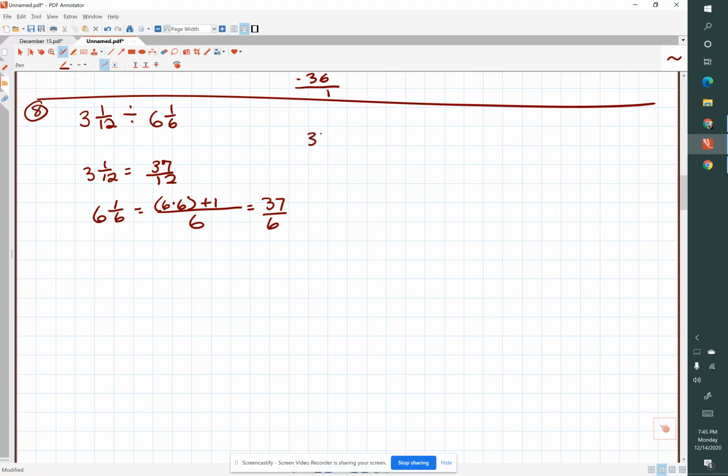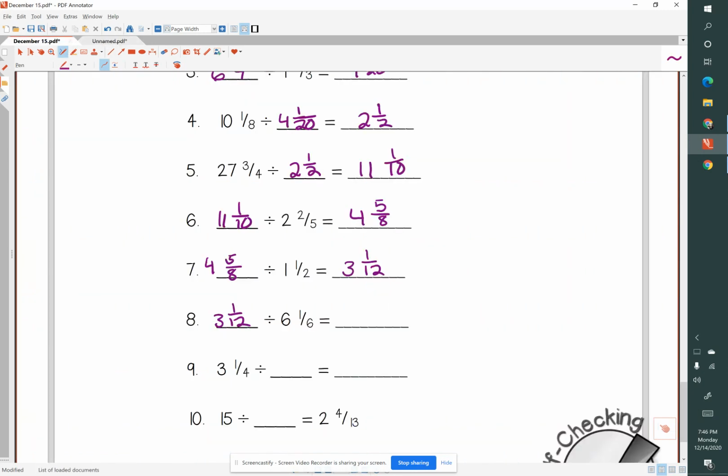So 37 over 12 multiplied by the reciprocal of 37 over 6. And I can easily simplify 37s to become 1 because they're the same. 6 divided by 6 is 1. 12 divided by 6 is 2. My final answer is 1/2. That suddenly got easier.